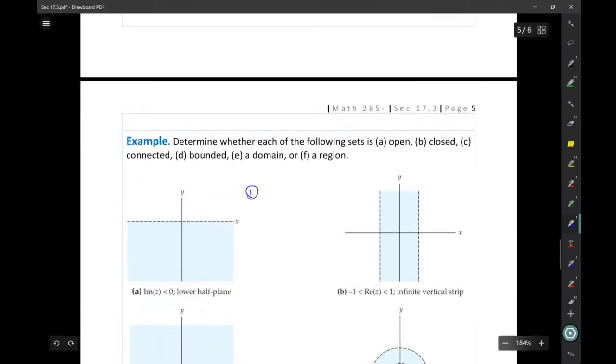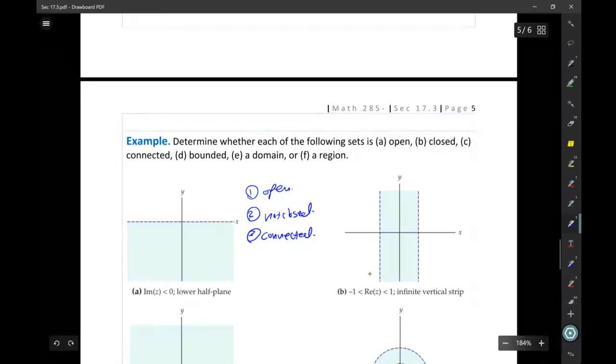This one here is an open set, because the boundary, the x-axis, is not included. Number 2, it is not closed. Number 3, is it connected? Yes, it is a connected set. Number 4, it is bounded.